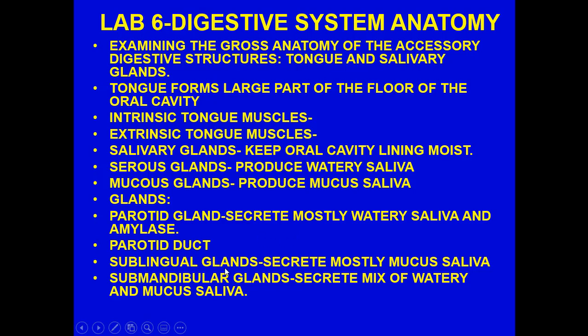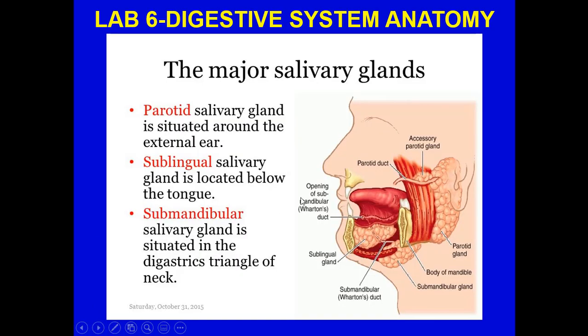A sublingual gland secretes mostly a mucus saliva, and the submandibular glands secrete a mix of both watery and mucus saliva. And you can see them located here. So here we have the parotid duct, the parotid gland.